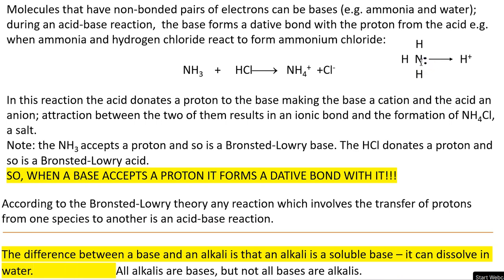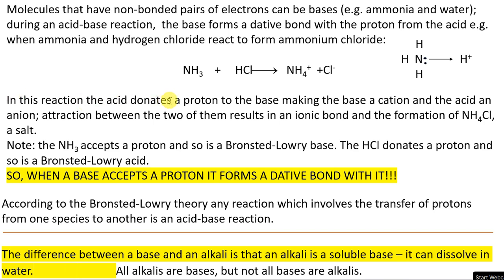The nitrogen, group 15, has 5 valence electrons. 3 are used in making covalent bonds with the hydrogen atoms. That's not shown because my emphasis here is the formation of that dative bond with the hydrogen ion.